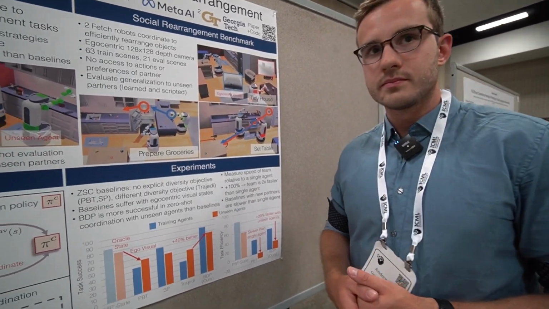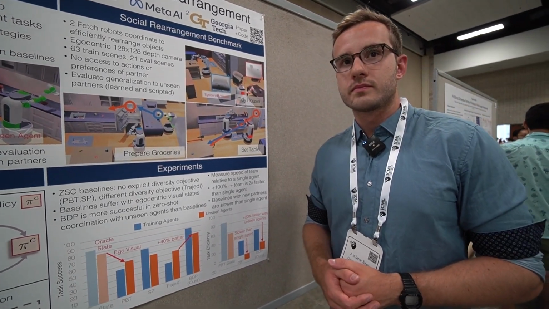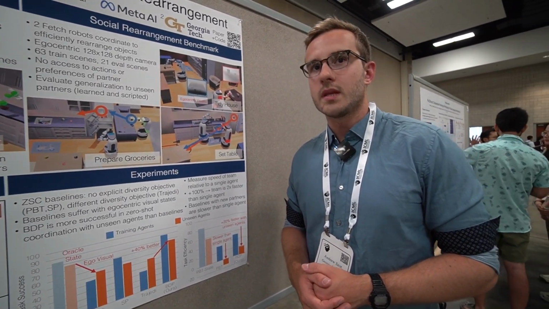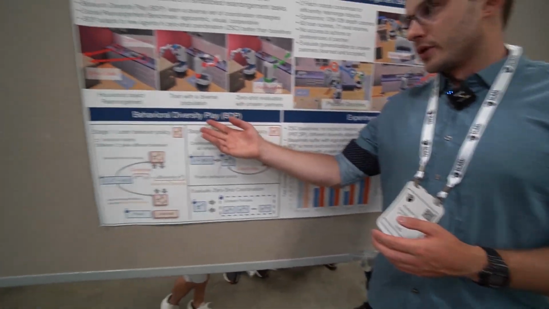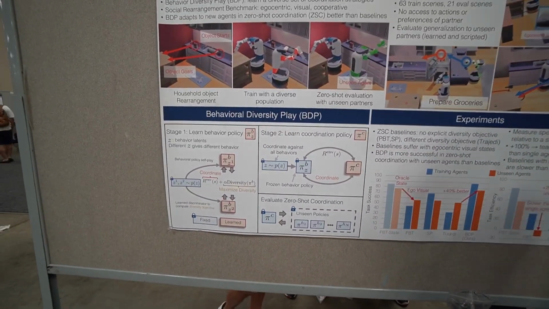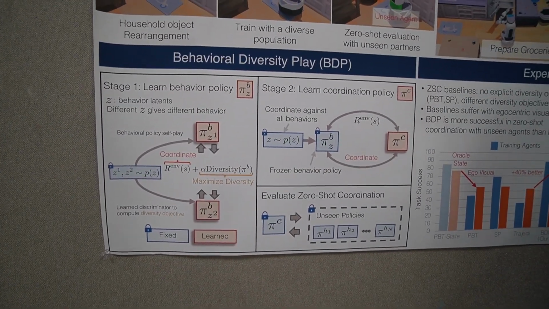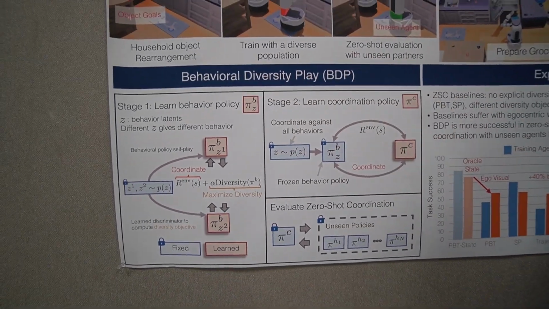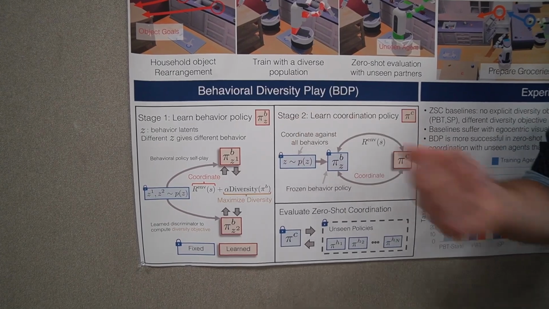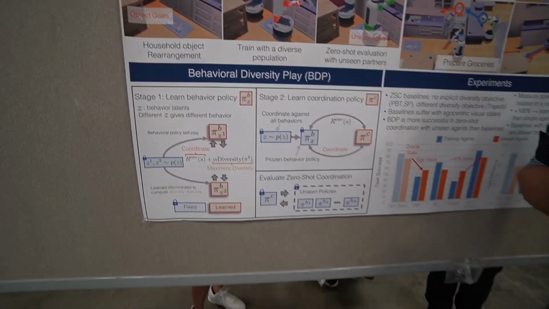And intuitively, how do you make those robots in the game cooperate or adapt? Yeah. So that's the key thing of our paper, introducing the new behavioral diversity play method. The way this method works is we have a two-stage training approach, where first we learn a behavior policy that is trained to generate all sorts of different diverse behaviors.